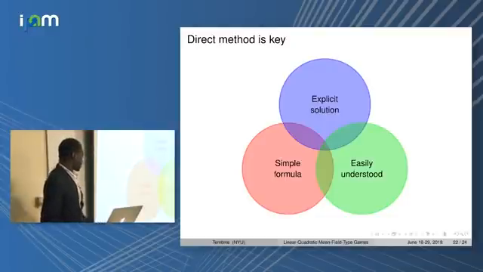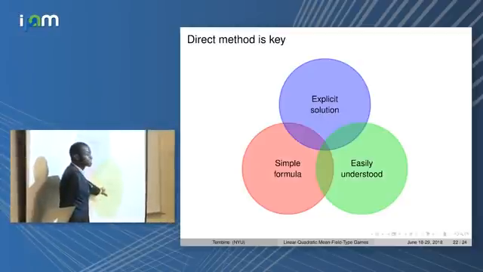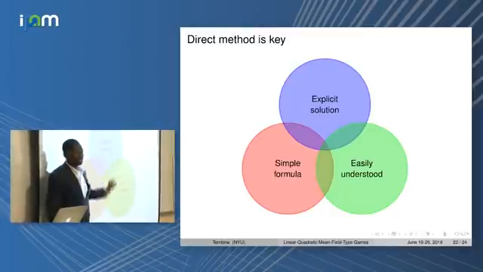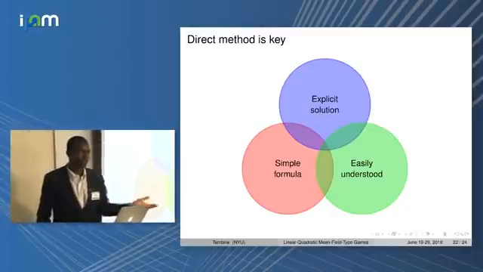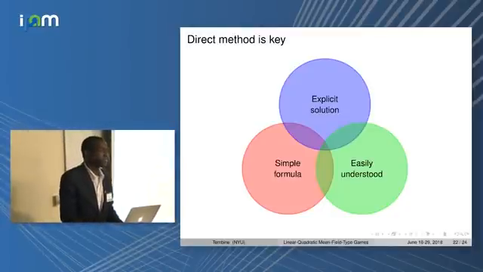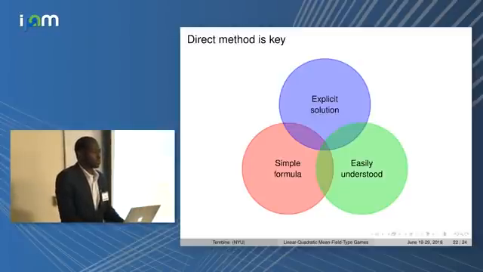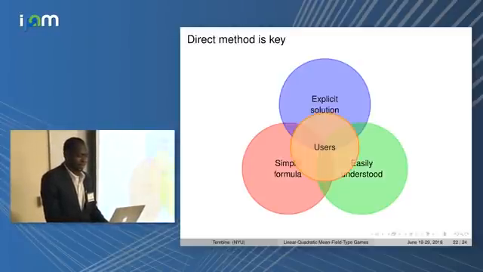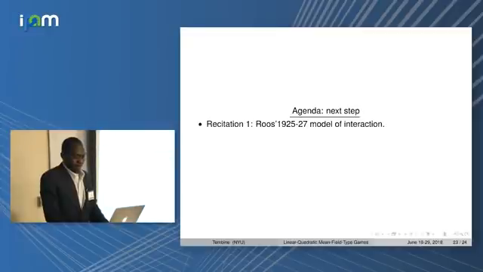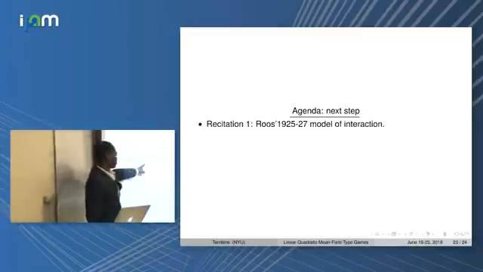Okay? Simple. At least they start understanding the framework. That's good news. And they get semi-explicit solutions with a solver for the ODEs. But it's at most a quadratic thing there as well. Recitation will be on the model by Rosen.